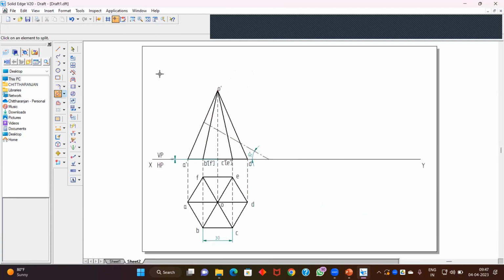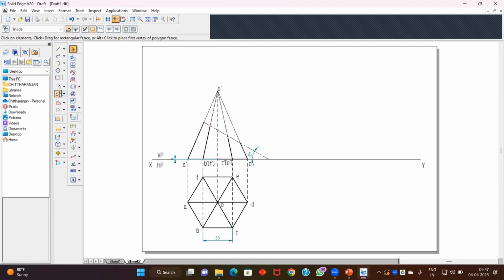And now change the thickness of this line into thickness 0.25.